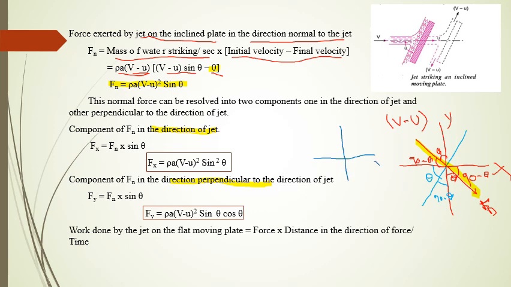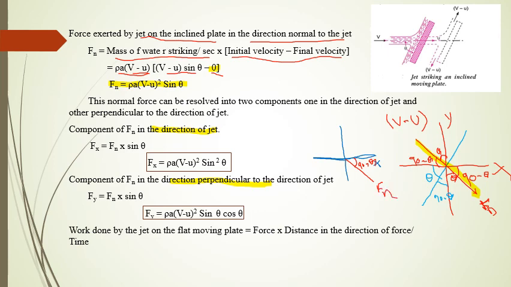The water flows in horizontal direction only. So direction of jet means x. See here, this is Fn, and here the angle is 90 minus theta.